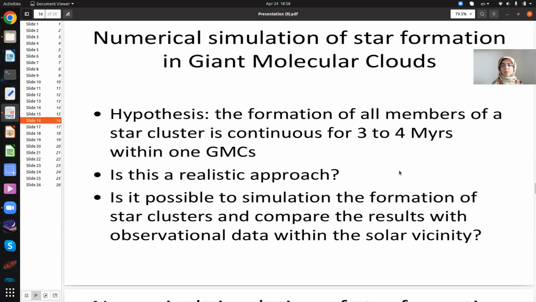Numerical simulations of star formation in giant molecular clouds. The hypothesis is that the formation of all members of a star cluster is continuous for 3 to 4 million years within one giant molecular cloud. Is this a realistic approach? Is it possible to simulate the formation of star clusters and compare the results with observation data within the solar vicinity?